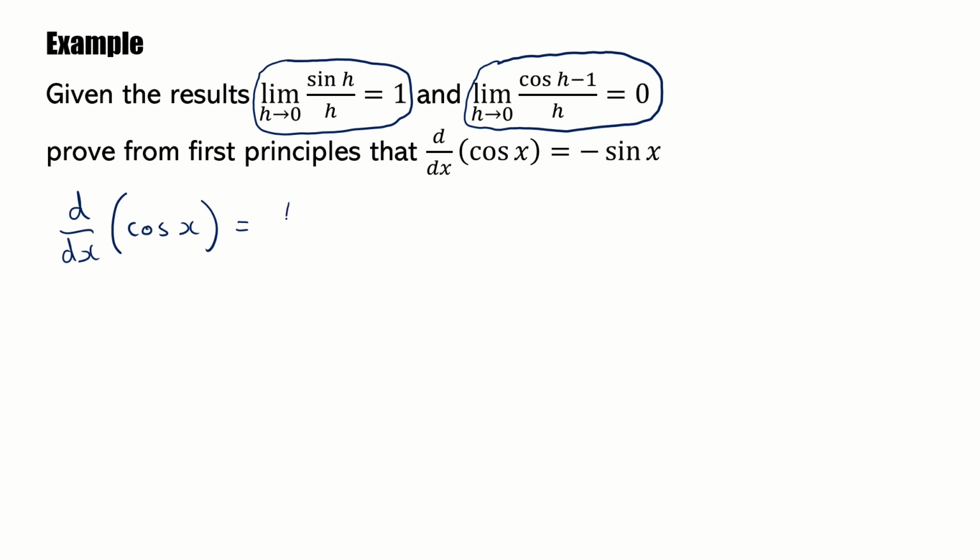The formula tells us to do the limit as h tends to 0 of f of x plus h, which means our function with x plus h plugged in. As we've only got an x in a single place, that's easy: literally just replace x with x plus h. Then subtract f of x, which for us is just cos of x, and then divide that by h.